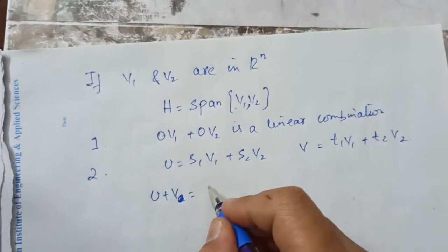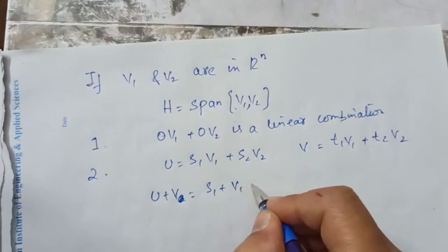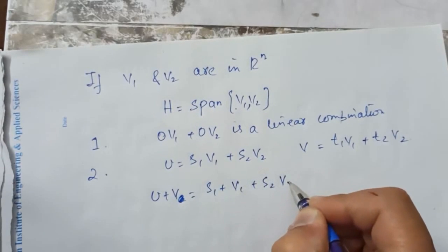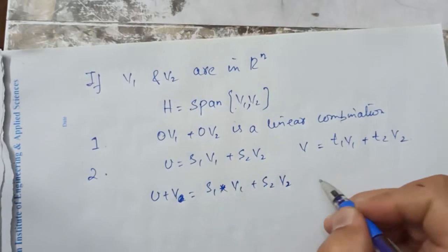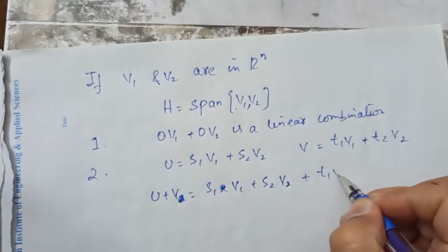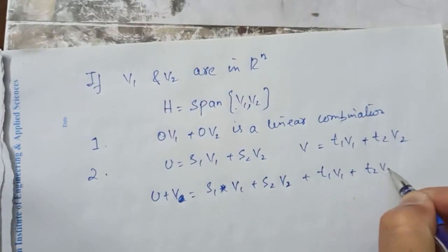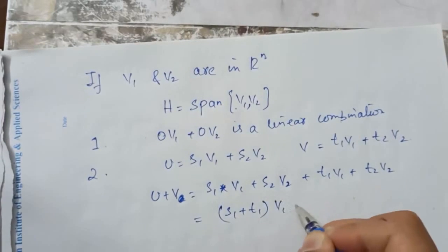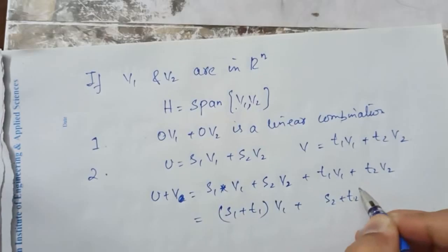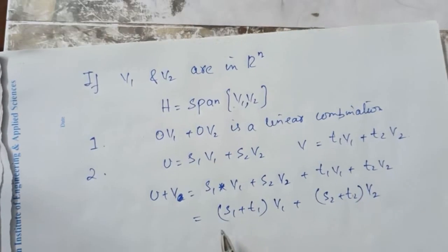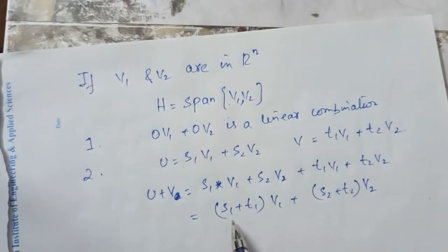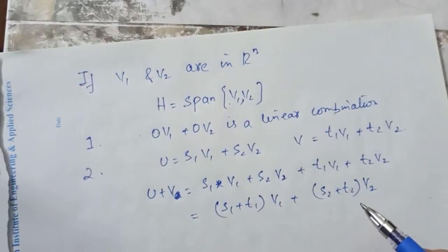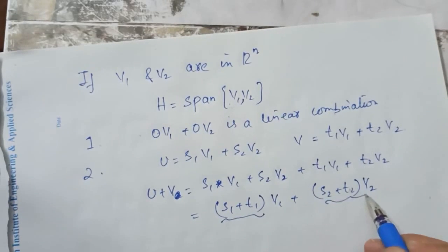So s1 v1 plus s2 v2 plus t1 v1 plus t2 v2. I can write this as (s1 plus t1) v1 plus (s2 plus t2) v2. We know that these are scalar quantities, so it's nothing but a linear combination of v1 and v2, so this is also satisfied.